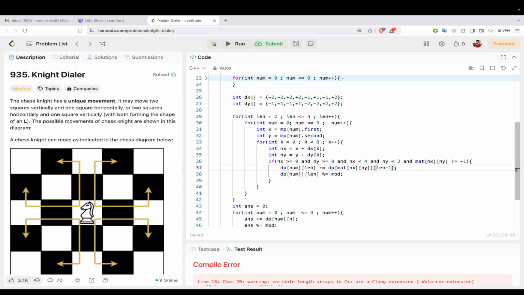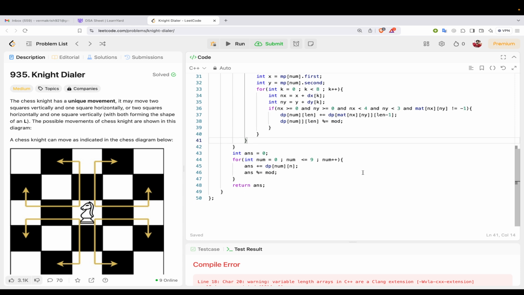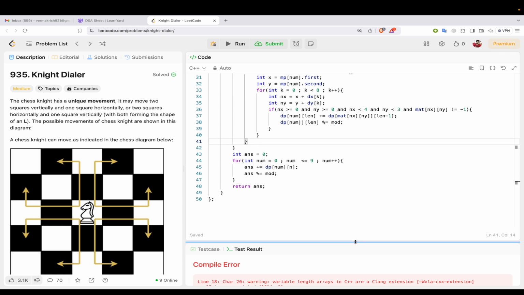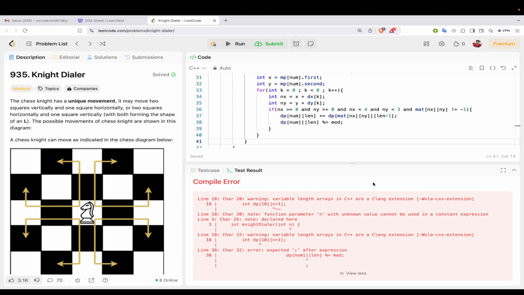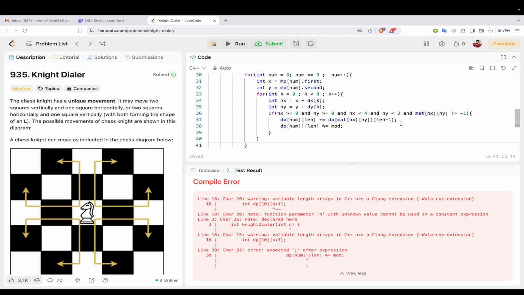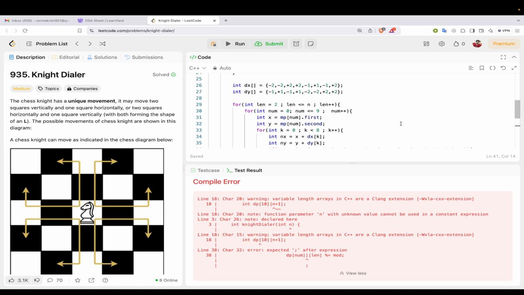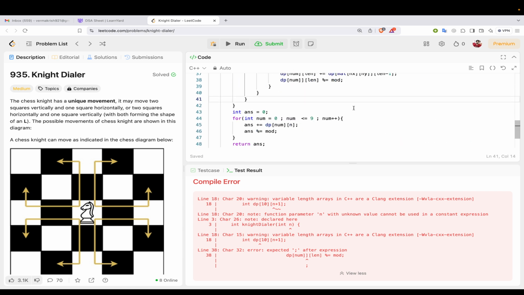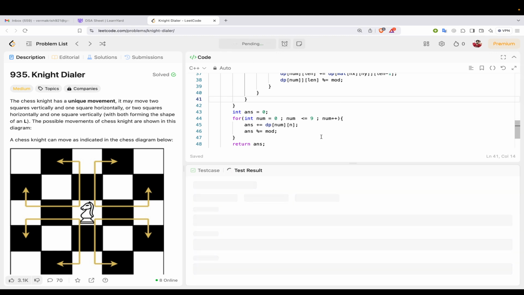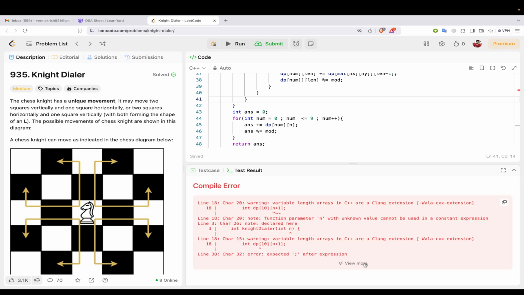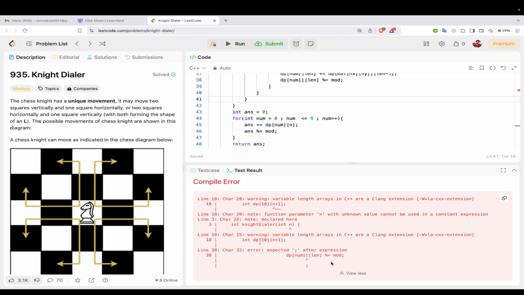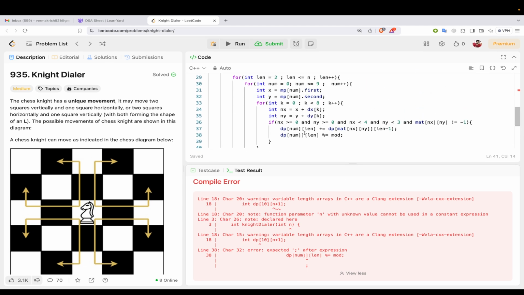So it is correct only. The matrix of nx and y and length minus 1, that is correct. Now what's wrong? Oh, I missed something. Percentage equals to mod. Oh, this is wrong.